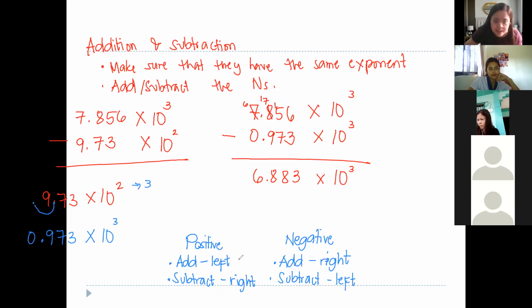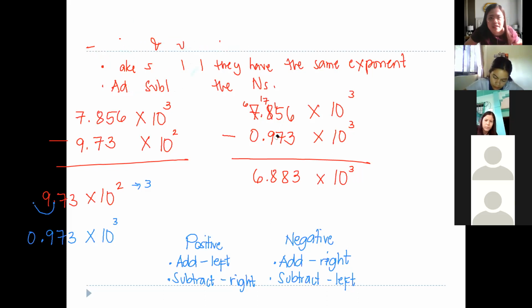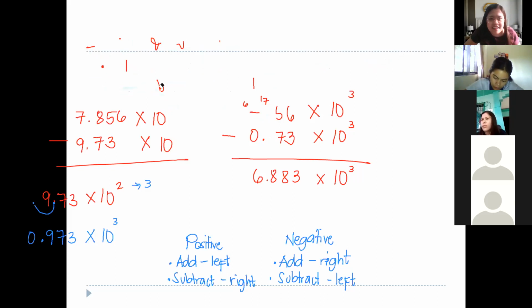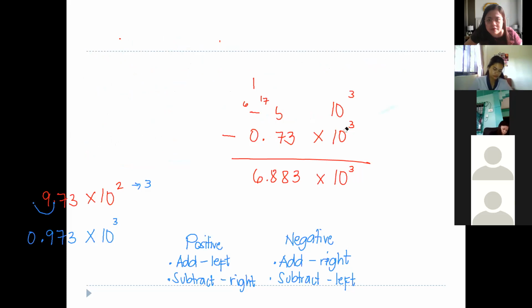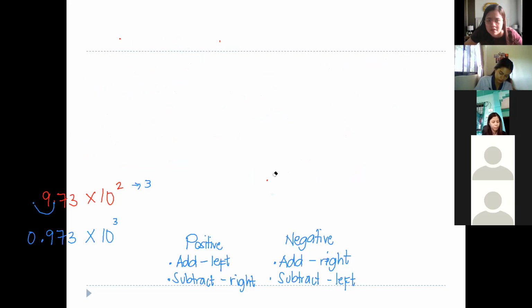Okay, so do not forget our rule here. So let's move on sa atuang division and multiplication. Let us delete this. Ayan.